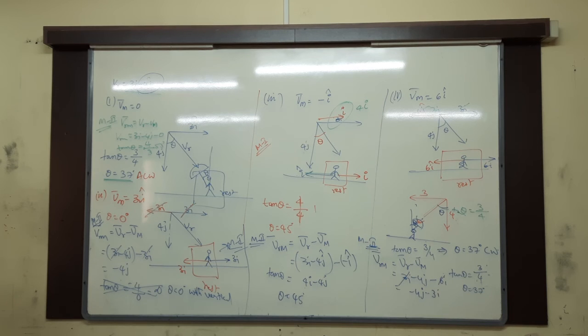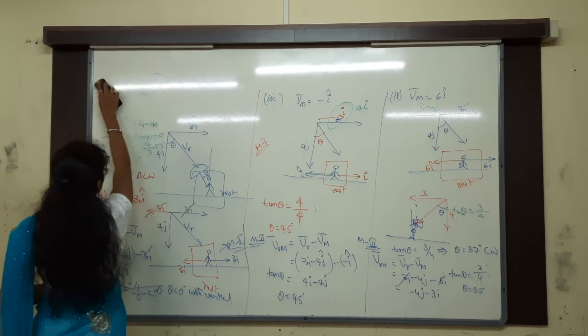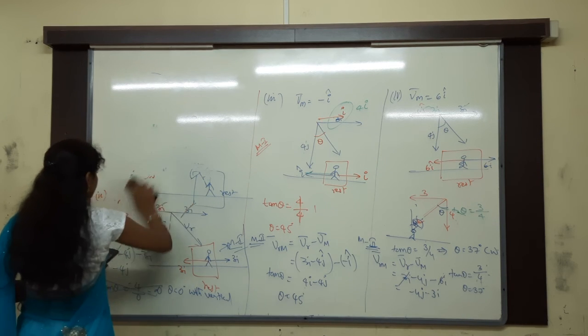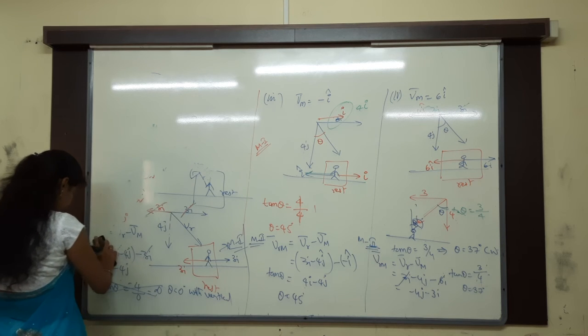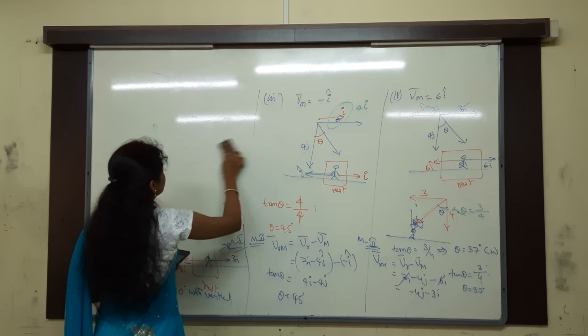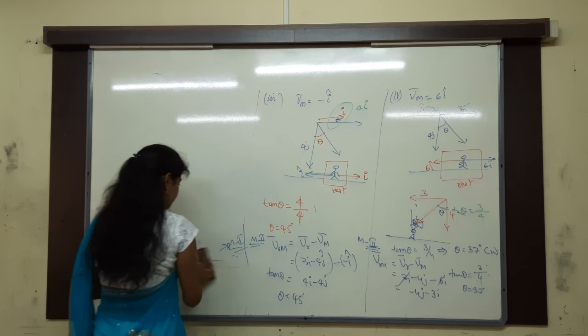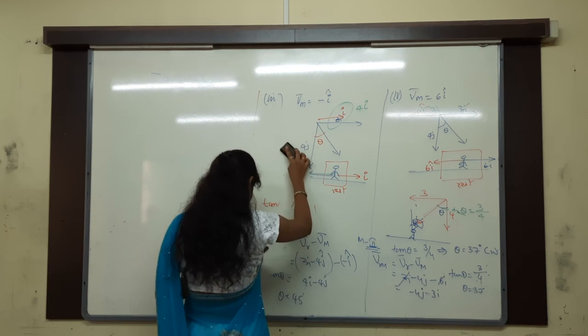To a man walking at the rate of 3 kilometers per hour, rain appears to fall vertically.